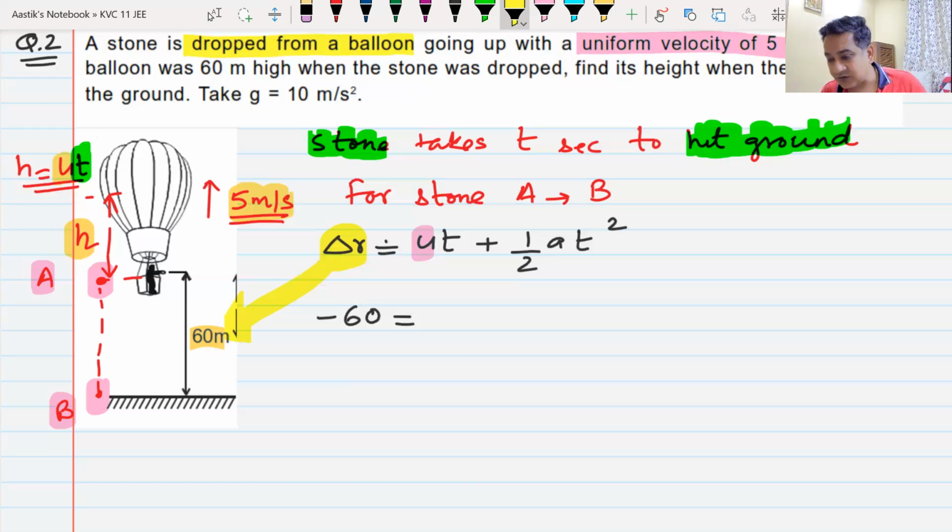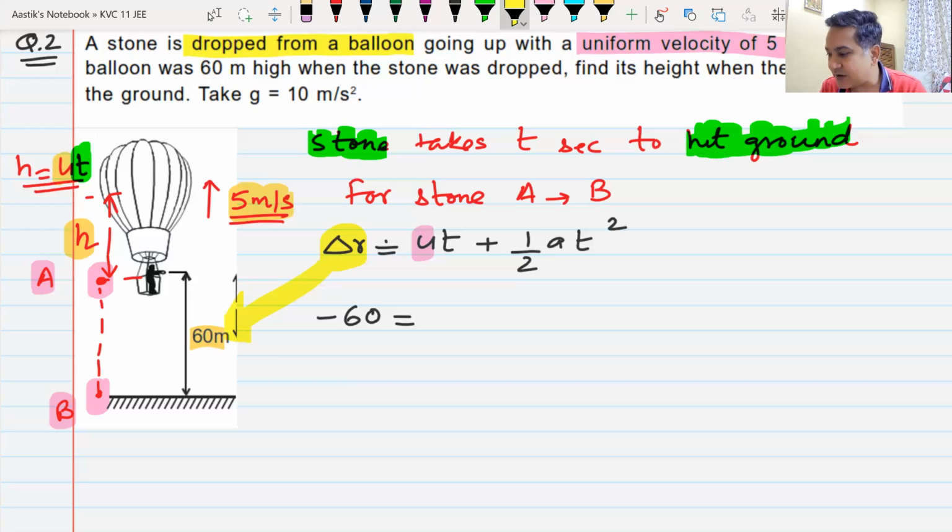It is the same as the velocity of the car. So while you are in a balloon, everyone has the velocity of the balloon: the stone, the thread, the basket, everything. So that is the initial velocity of the stone. When it is dropped, the velocity of the stone with respect to the balloon is 0. Do we understand this?